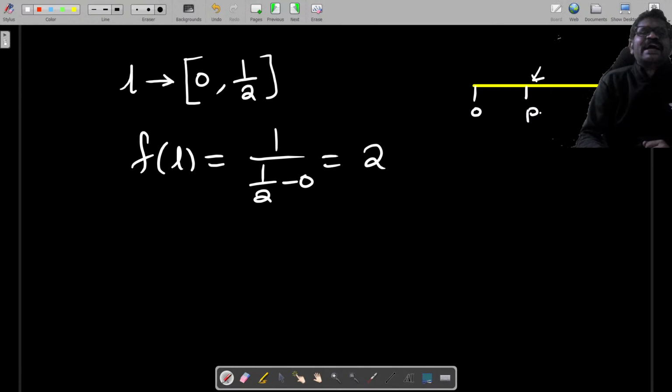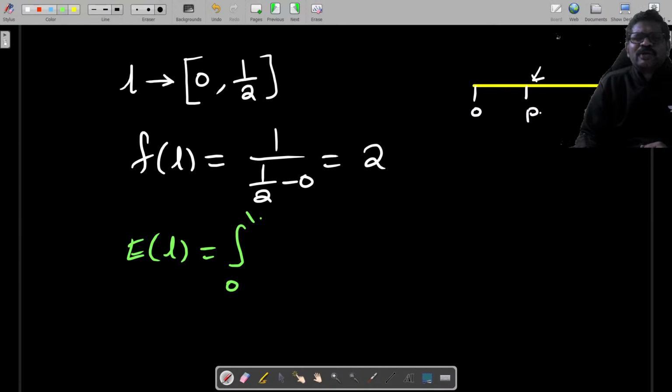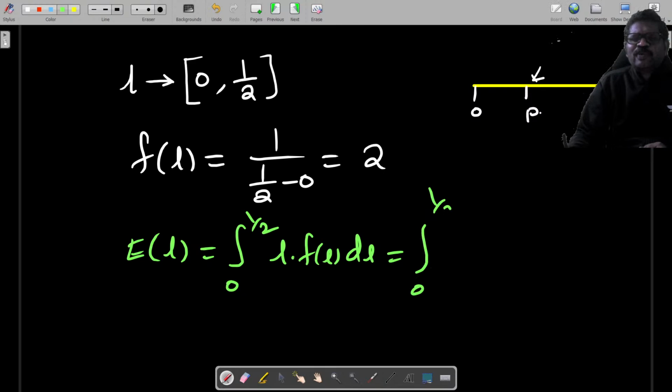Now, the expected value of L, E of L, is given by the integral from 0 to 1 by 2 of L into f of L dL. L is L, f of L is 2 dL.